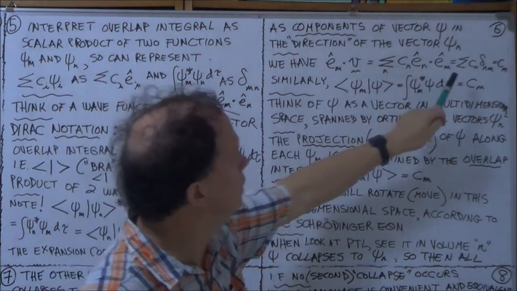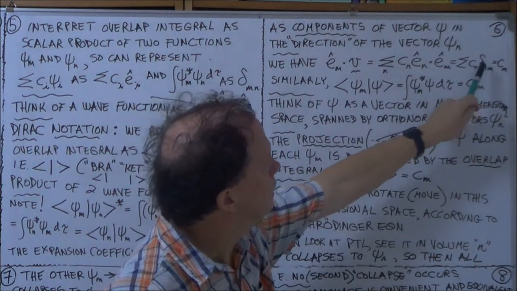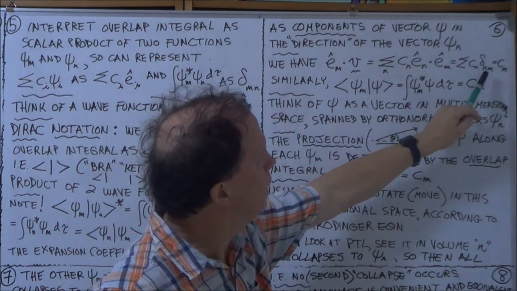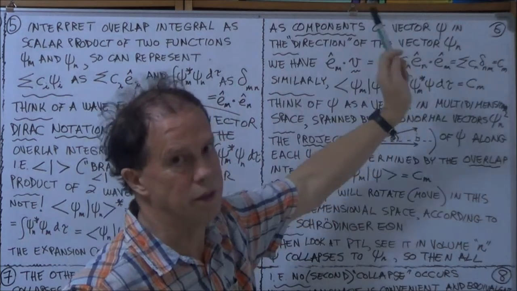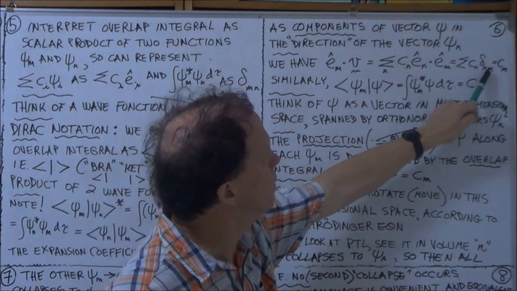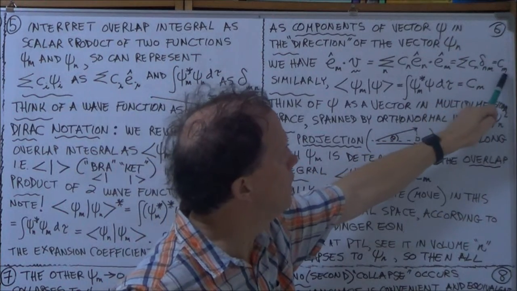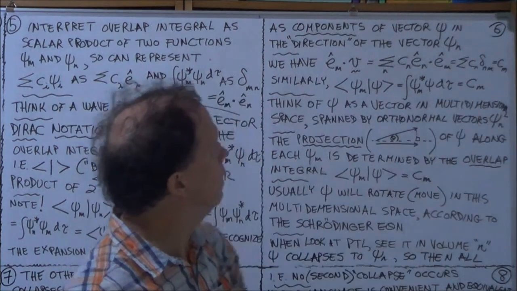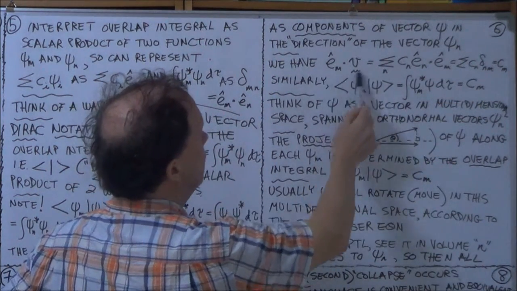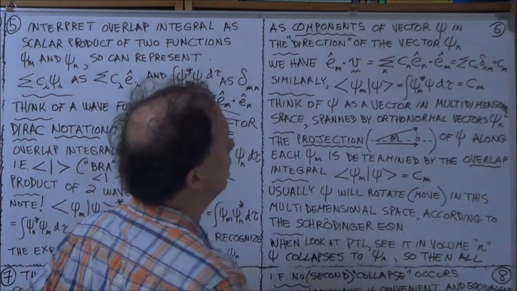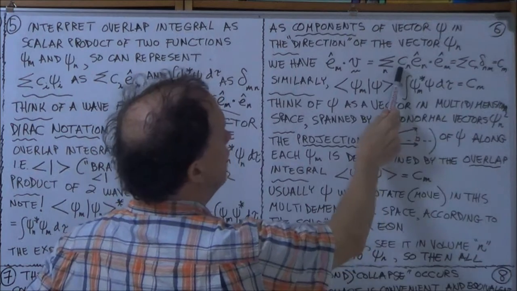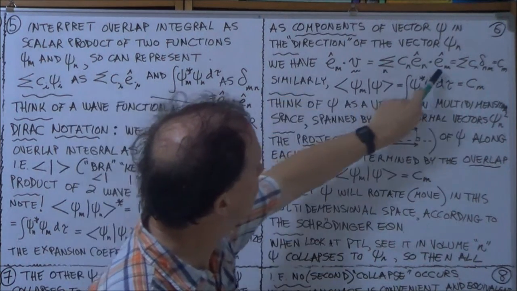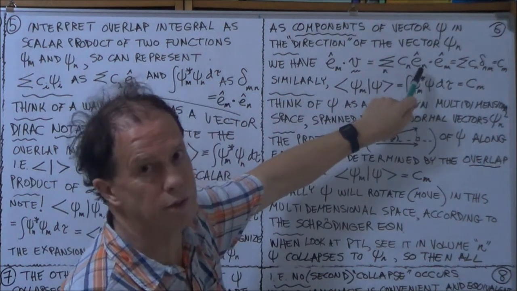The Kronecker delta is 1 when n equals m, and in all other cases is just 0. So when n equals m, this c just becomes c_m, and all the other c's get multiplied by nothing because of the Kronecker delta. So this here becomes simply c_m, one of the components, the coefficient in front of e_m.